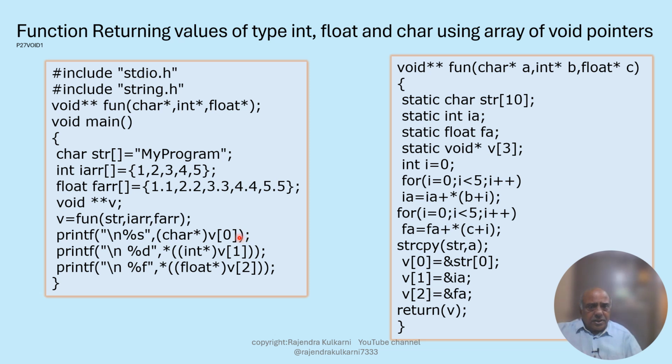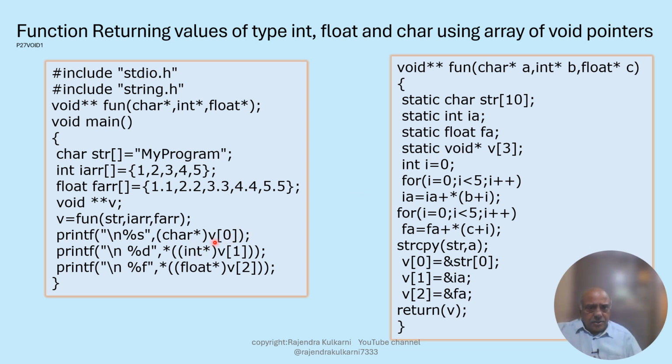The address contained in the element number 0 of array V, which is declared in the function, we are typecasting to a char star pointer by this statement char star, and that printf %s will cause the contents of the array pointed to by the address in the 0th element of array V to be printed.